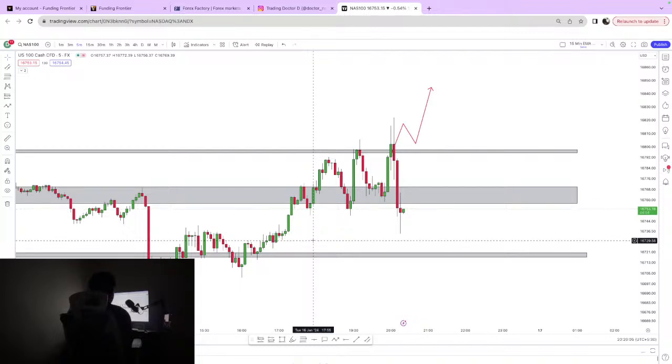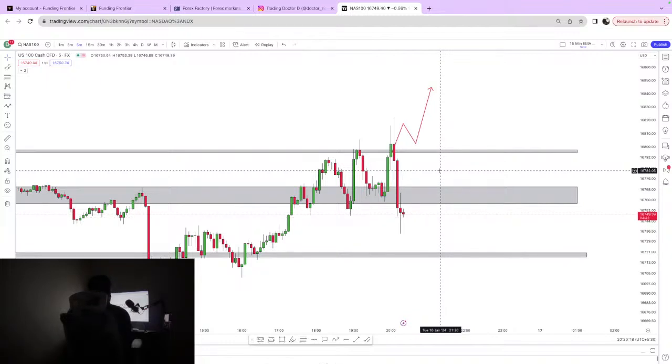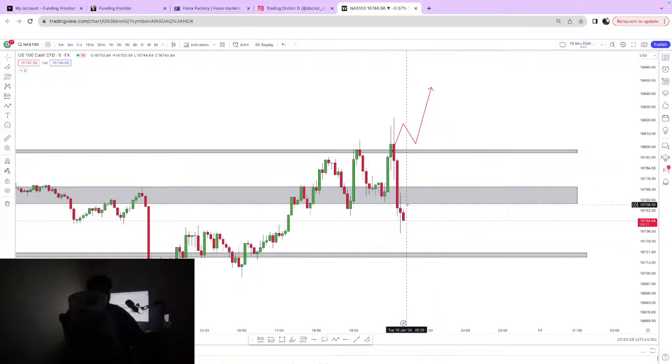If this candle is an engulfing candle and closes anywhere near here or here, I'll open a buy position. And if it closes on downside, then we'll wait for a retest.